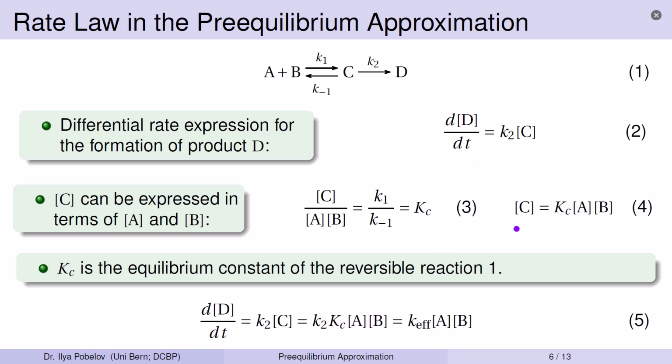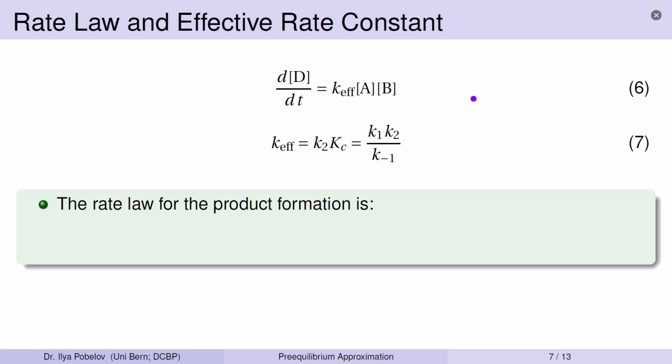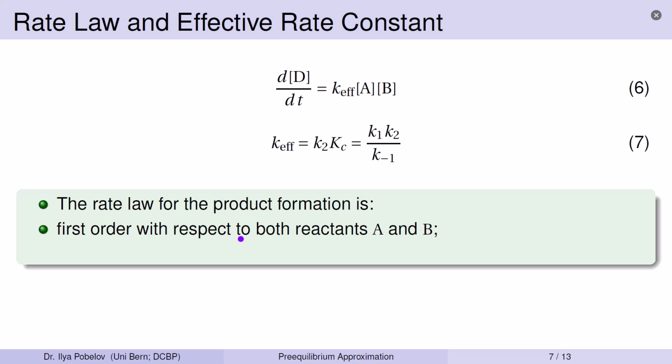Substituting this expression into the differential rate equation for D, we obtain this expression for the rate of product formation. d[D]/dt equals an effective rate constant multiplied by the concentration of A multiplied by the concentration of B. This equation demonstrates that under the pre-equilibrium approximation, the rate law for the formation of D is first order with respect to both reactants A and B and second order overall.